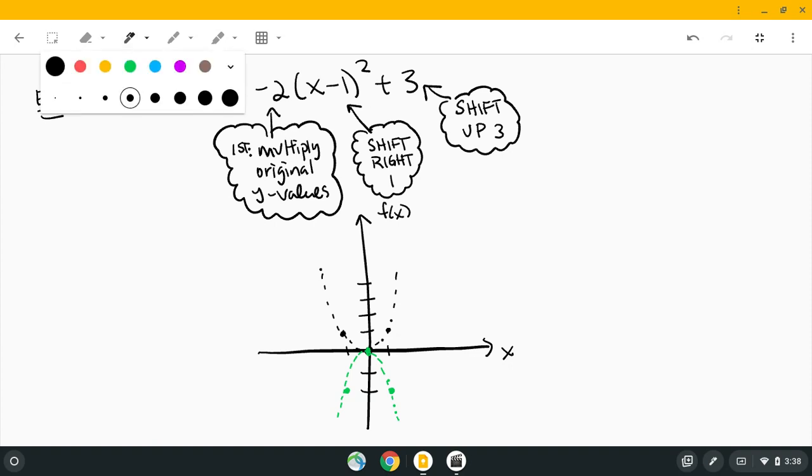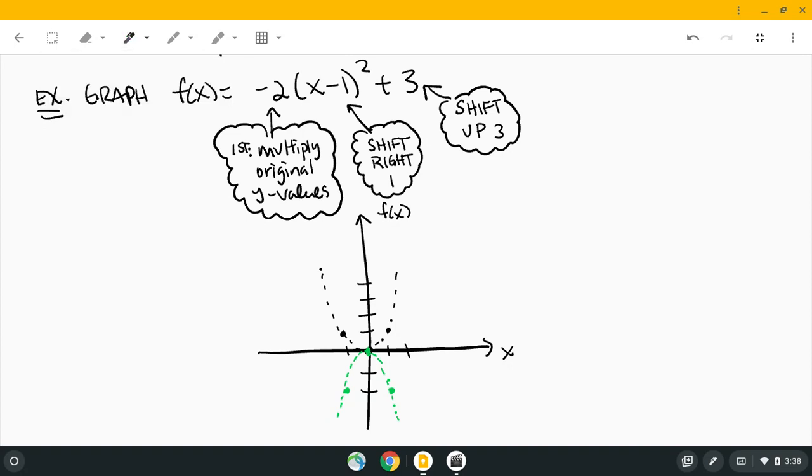Okay. Back to green. Shifting this right 1. Actually, I need more tick marks over here. Okay, so we have to take these 3 points. I'll start with this one. Starting with this one over here, shift right 1 and up 3. 1, 2, 3.